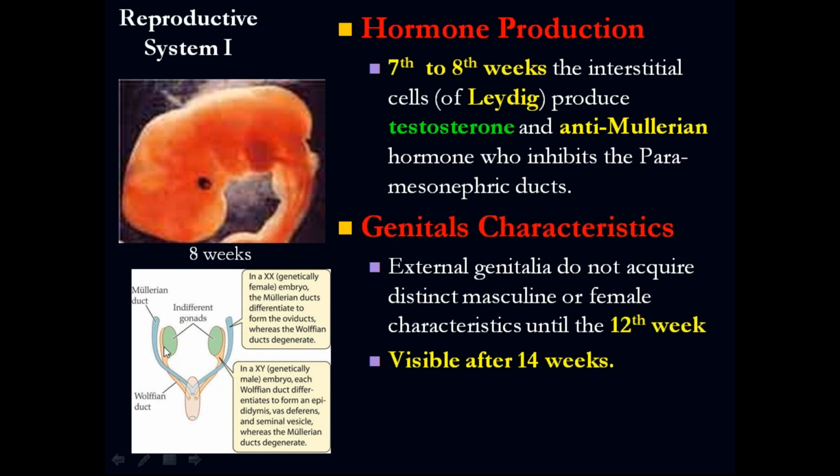So at the beginning, as I was saying, everybody is female and male, because everybody is going to have these two structures. Then at 7 weeks, the Leydig cells are going to start producing what we call the anti-Mullerian hormone, that is going to make degeneration of the female reproductive part. So it's going to stay only the male.